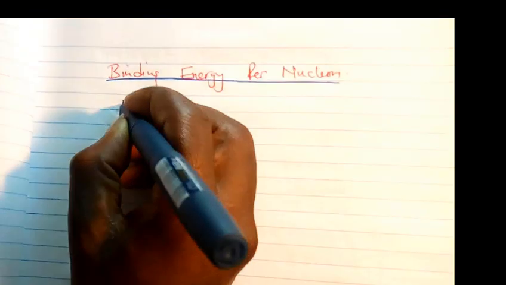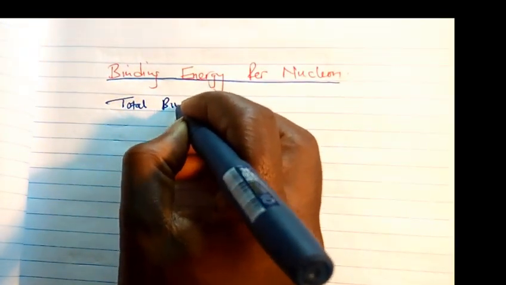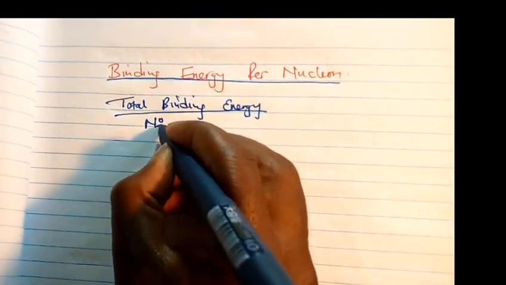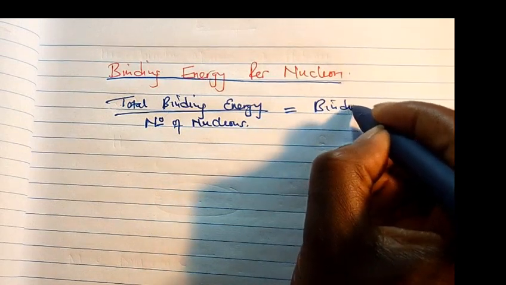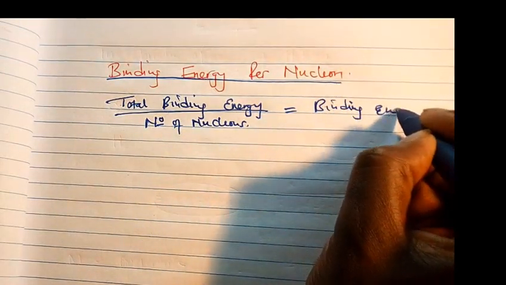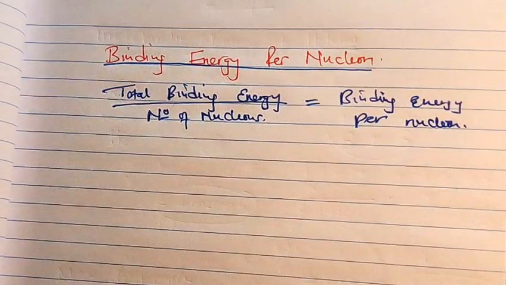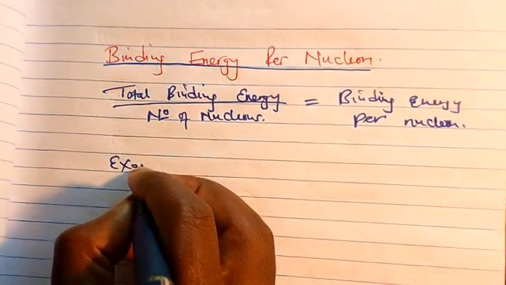In other words, we need to get the total binding energy divided by the number of nucleons. That is what we call the binding energy per nucleon. Now back to our example.